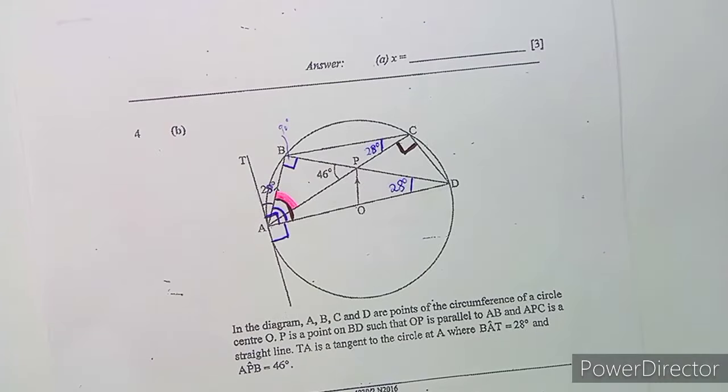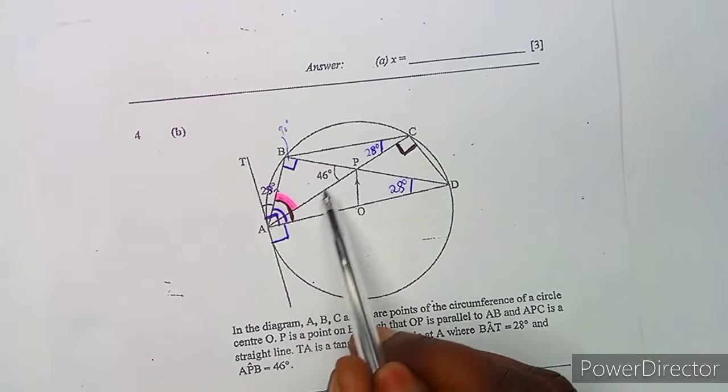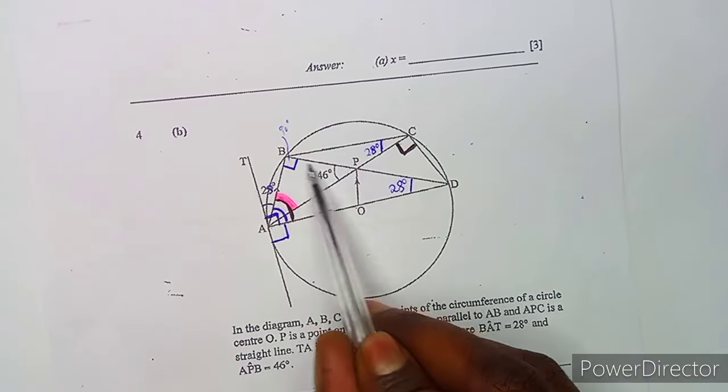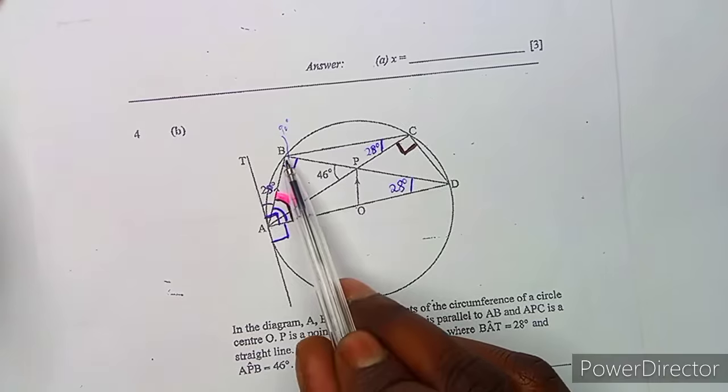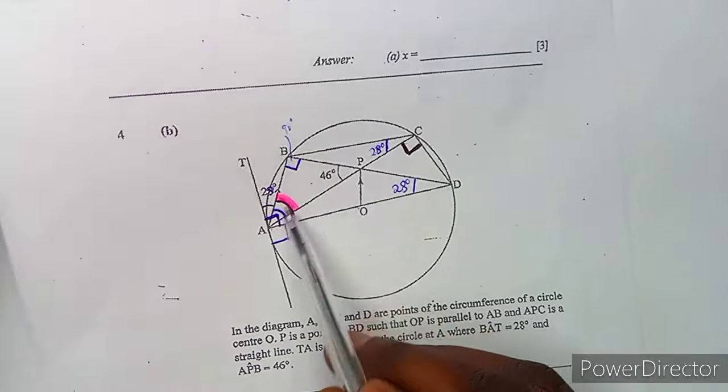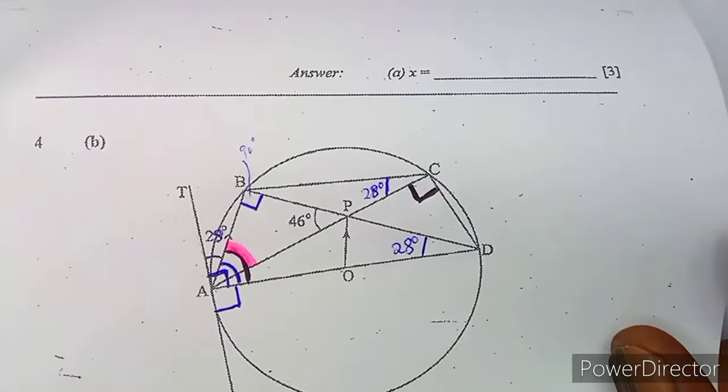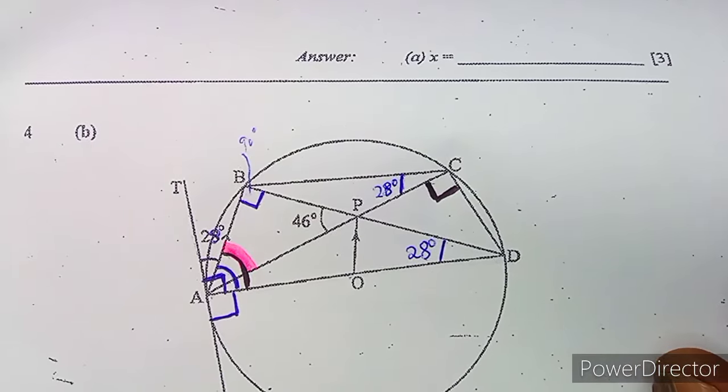So how are you going to find this angle? We are going to use this triangle BAP. Using this triangle, you know that angles in a triangle add up to what? To 180 degrees. So to find this BAP, you are going to subtract from 180 degrees, using angles in a triangle.